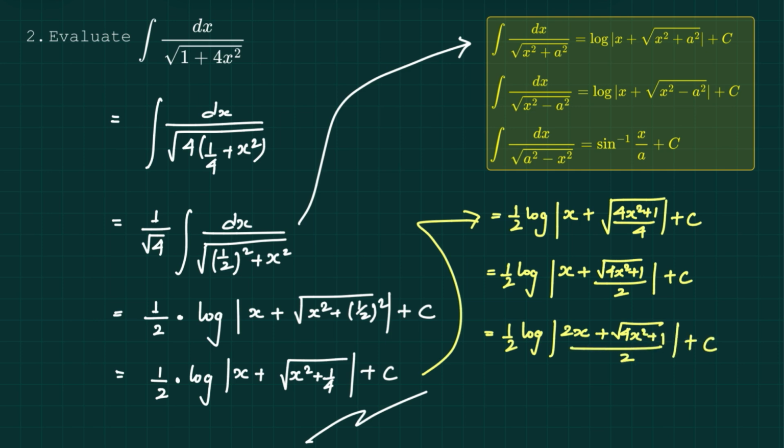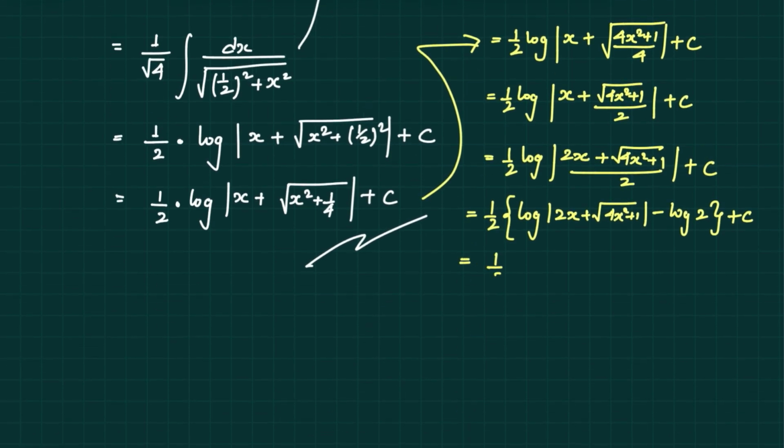Since we know that log of a over b is log of a minus log of b, using that property of log we can write this as log of a, that is 2x plus the square root of 4x squared plus 1, minus log of b, that is log of 2, plus c.